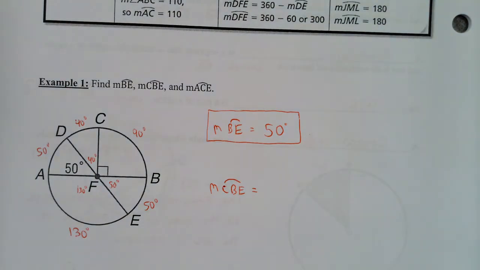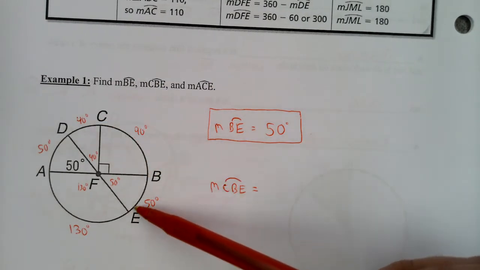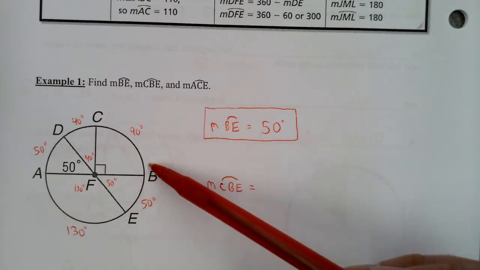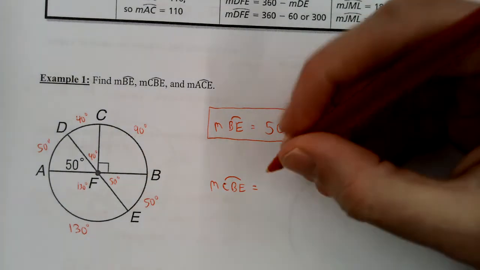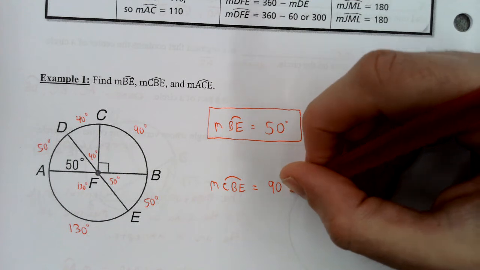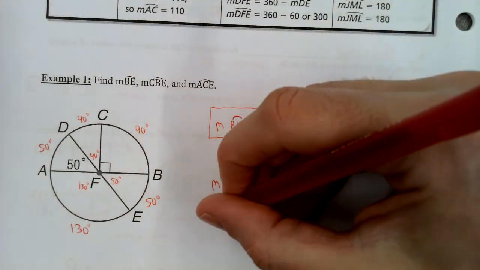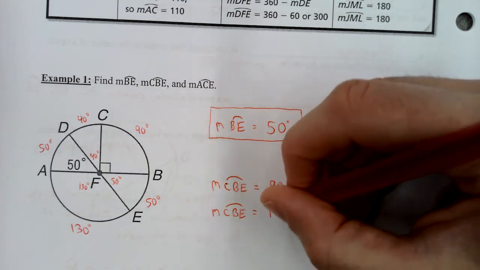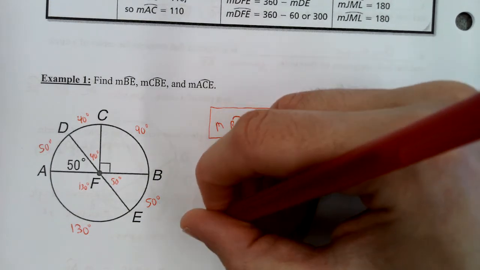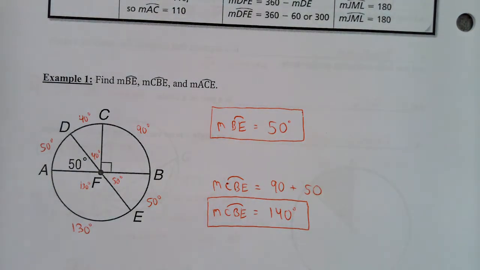Well, if you look at a diagram and you trace in this exact order CBE, trace it, you'll see it's 90 plus 50. It equals 140 degrees. And then finally it says find the measure of arc ACE.